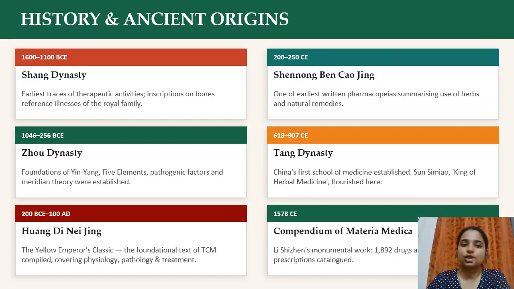Now coming to the history or ancient origins, as I already said, Chinese system of medicine dates back to BC era. So in BC era, the first traces of Chinese system of medicine were reported under Shang dynasty, which dates back to 1600 to 1100 BC.